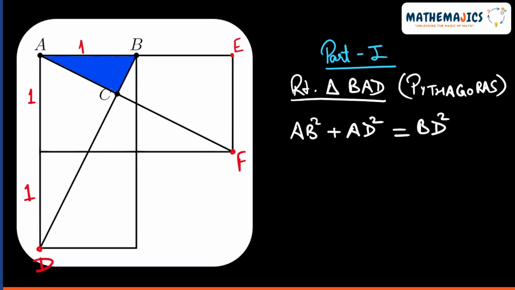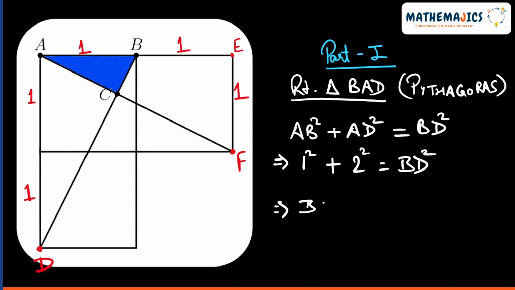So if AB is 1, this will become 1 square. AD is 1 plus 1, 2 square. This will give us BD square, correct? That means BD will turn out to be root 5 units.